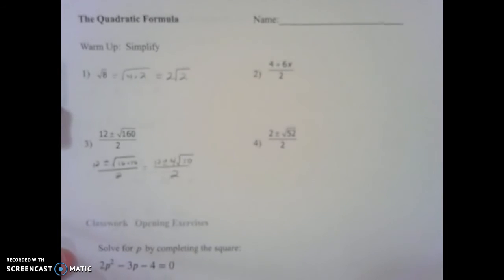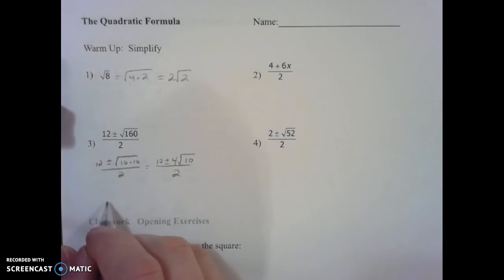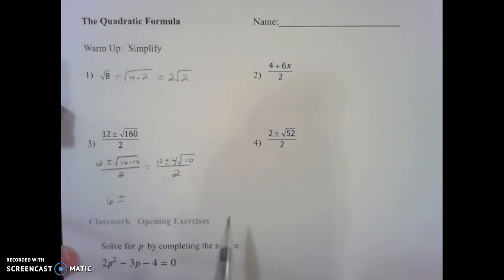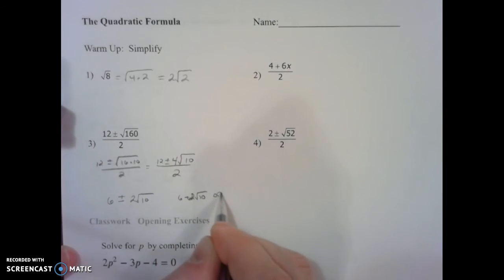And now when I simplify this further, each part here is divisible by 2. 12 divided by 2 is equal to 6, plus or minus 4 square root of 10 divided by 2 is equal to 2 square root of 10. And so I have two possible answers here, either 6 plus 2 square root of 10, or I could have 6 minus 2 square root of 10 as my possible answers.